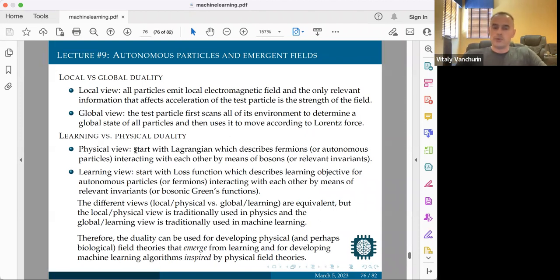They're not providing any useful information about the system. Okay, so the physicist's view: write down a Lagrangian; the machine learning view: write down a loss function. And those two views are completely equivalent when it comes to modeling, because at the end of the day, what you want is to look at the system and try to predict how it will behave.